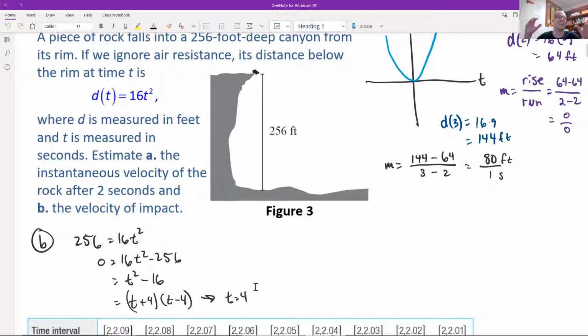And you could do the exact same thing for estimating the instantaneous velocity at t equals 4, meaning that getting closer and closer into values that approach 4, either from the left or from the right, would be a good way to estimate that instantaneous velocity.